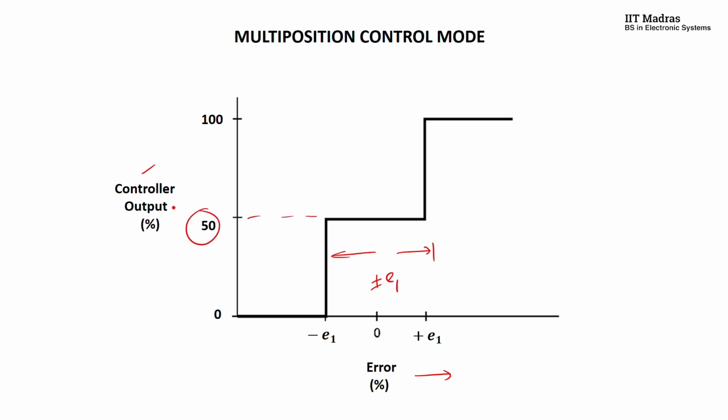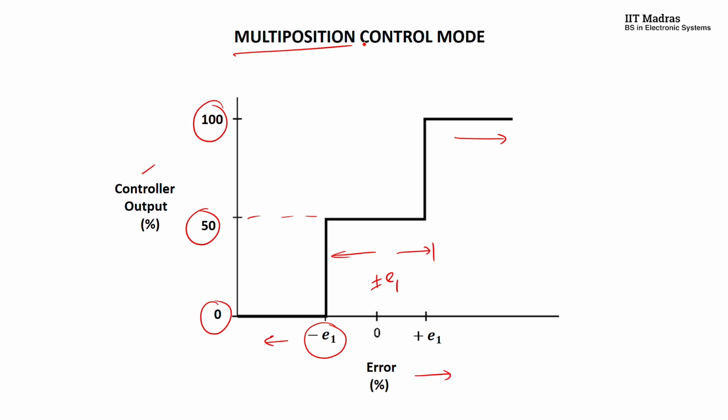If the error exceeds E1, the control output is 100%. If the error exceeds minus E1, you get back to a control output of 0%. So there are three different control outputs for three different ranges of errors. Therefore it's called three position control mode, and in generalized terminology, you can call it multi-position control mode.